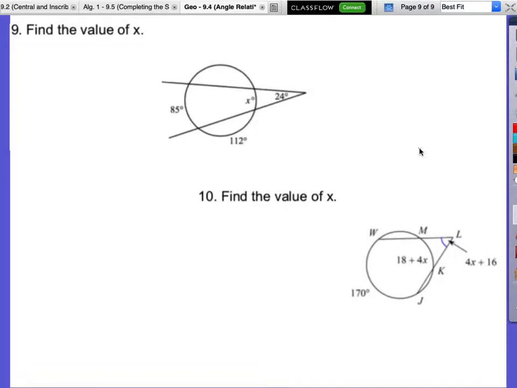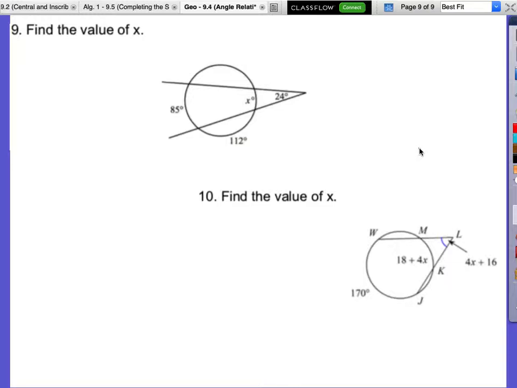Wait, no, that wasn't me. I was just checking my work, is it right? So where's the vertex? Big arc. Arc minus arc.